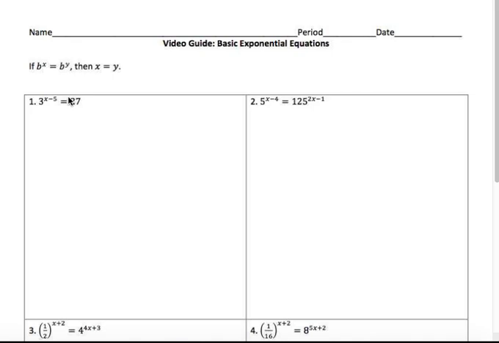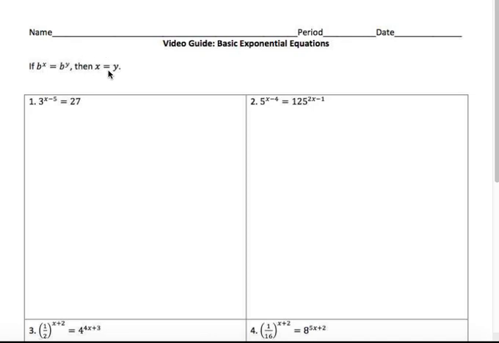The first thing we're going to look at is a special case of exponential equations, where the base is equal on both sides. So if we have b to the x equals b to the y, so the same number is raised to a power on each side, then those two exponents would have to be equal too, right?